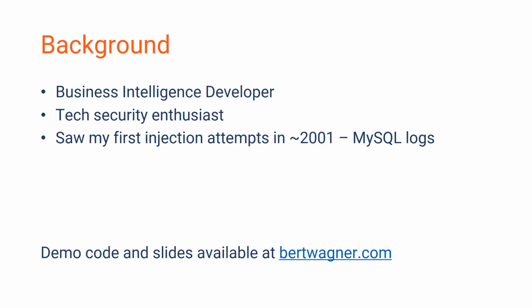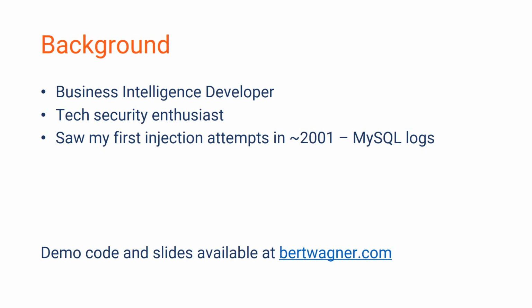With that said, my name is Bert Wagner. I am a business intelligence developer. I'm a .NET web developer. I don't have a formal security background. I just really like tech security. I'm an enthusiast. That goes all the way back to sometime around 2001, when I was running my PHP website with a MySQL database on the back end.